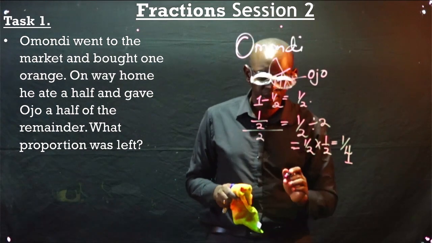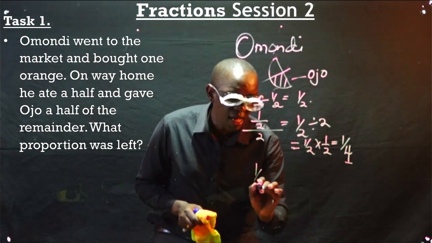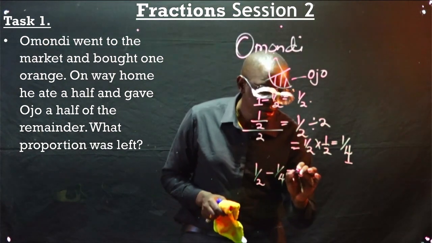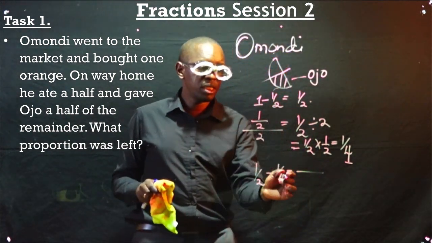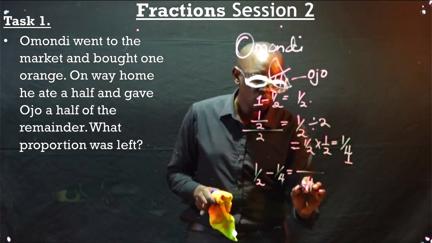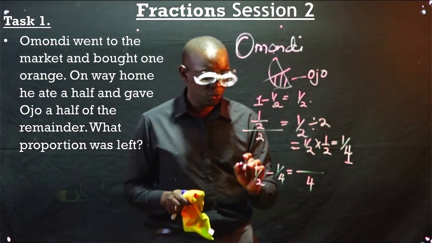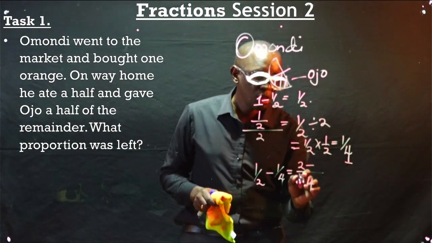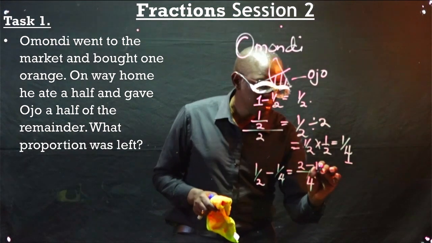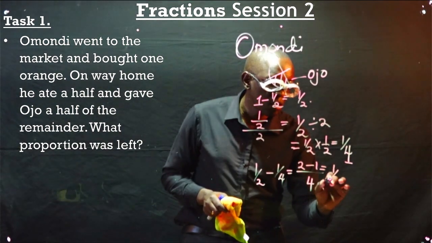So what remained? It is a half minus a quarter, which is what? What is the LCM between 4 and 2? It is 4. 4 divided by 2, 2. 2 times 1, 2. 4 divided by 4, 1. 1 times 1, 1. So 2 minus 1 is 1 over 4.